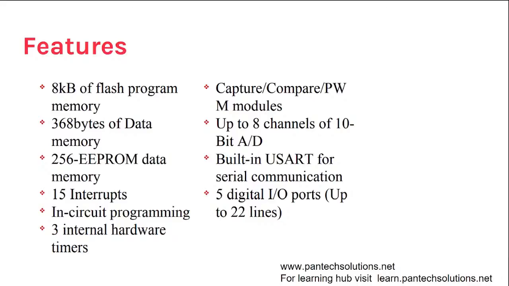It has capture, compare, and PWM modules. It has an 8-channel analog to digital converter, and a built-in USART, universal synchronous asynchronous receiver transmitter, for serial communication. It has 5 digital input output ports of up to 22 lines.